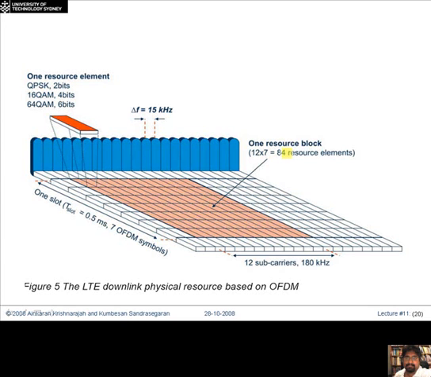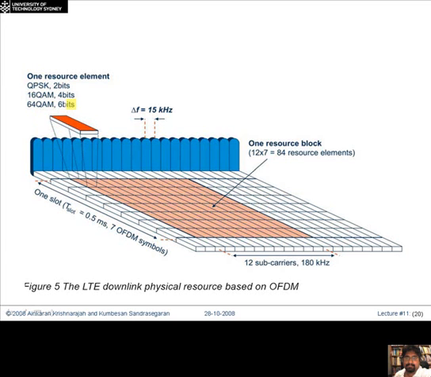And in each resource element, if you are using QPSK, you'll be transmitting 2 bits. If you're using 16 QAM, you'll be transmitting 4 bits. And if you're using 64 QAM, you'll be sending 6 bits on it.